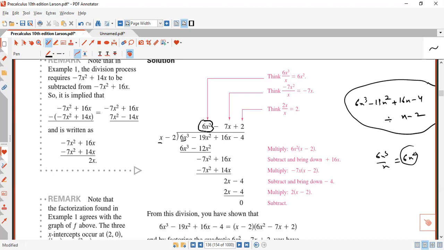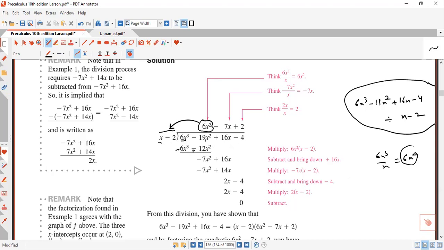Whatever the quotient is, you have to multiply it with your whole divisor. You multiply with x and with negative 2. So this becomes 6x cubed, and 6x squared times negative 2 becomes minus 12x squared. Then, as you already do with numbers, you subtract. While subtracting, the 6x cubed terms cancel, and the signs change.